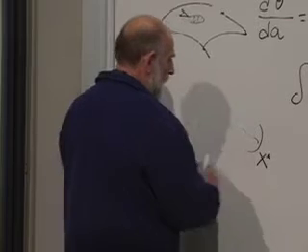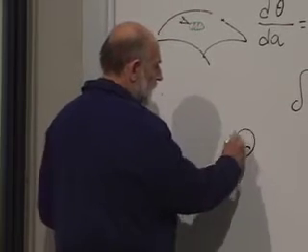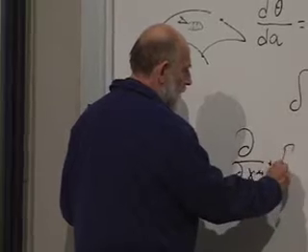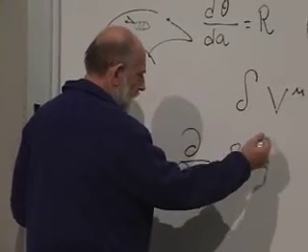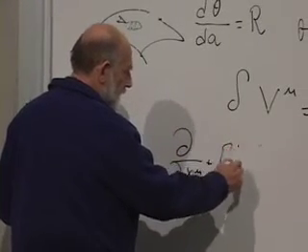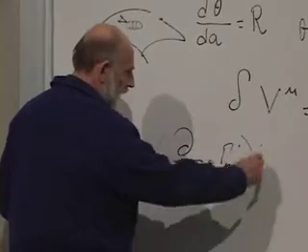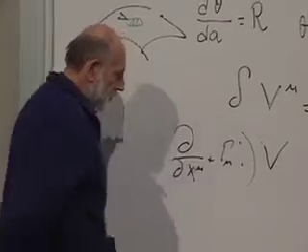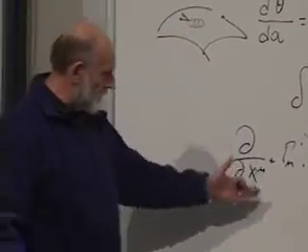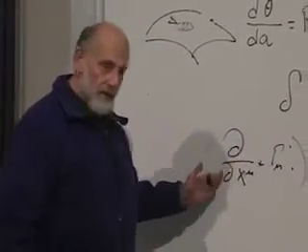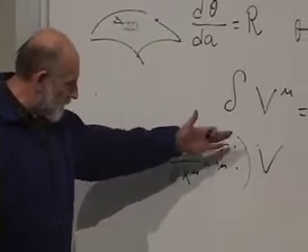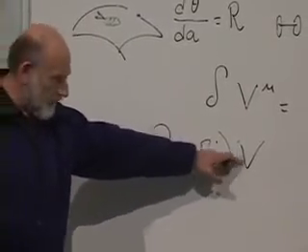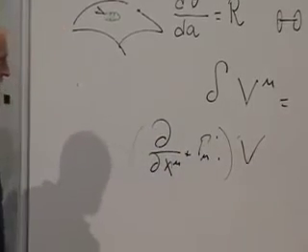It's the derivative with respect to x mu plus gamma mu, and so on. And it acts as a differential operator on vectors. It contains derivatives, and it contains multiplication by gammas, which are also matrices and act as matrices.